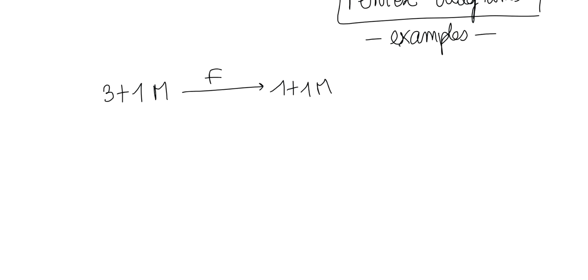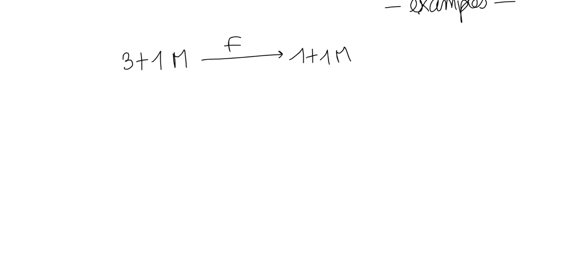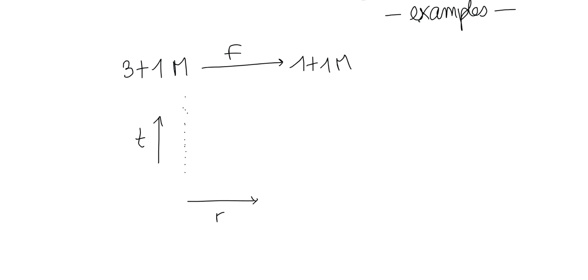So then we can just construct our Penrose diagram with time going from bottom to the top, and we are left with R, since theta and phi will not be represented on this diagram. All right, so this is R equals 0.